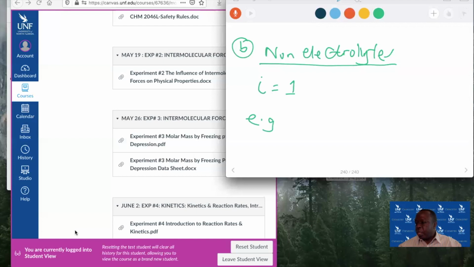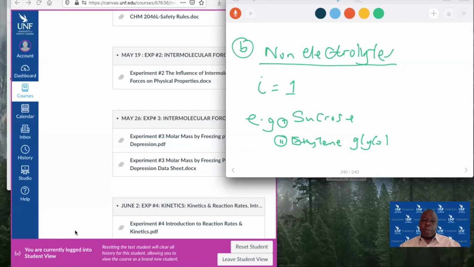E.g. here, sucrose, all right, ethylene glycol. That means the antifreeze in your car radiator. When they dissolve ethylene glycol in H2O, it does not dissociate.